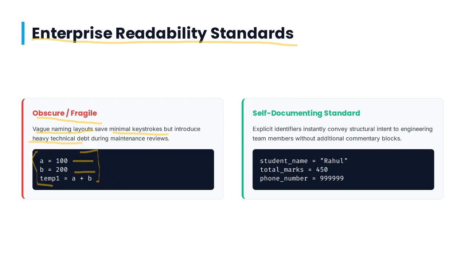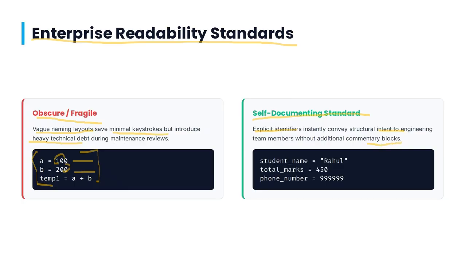If we name it in a technical way, or in a proper naming layout, then we can understand what this 100 represents and what this 200 represents. Here is an example of it. Self-documenting standard. Explicit identifiers instantly convey structural intent to engineering teams without additional commentary blocks.